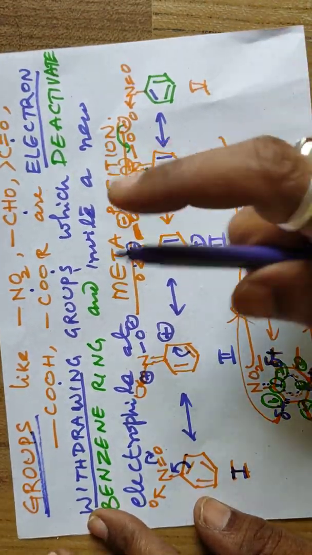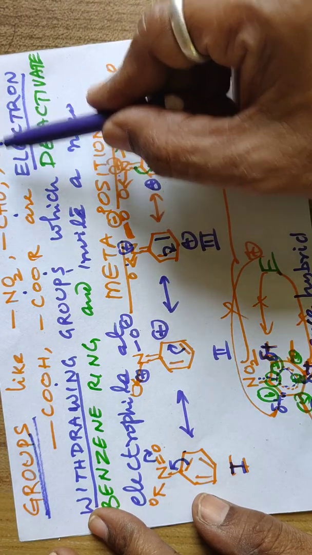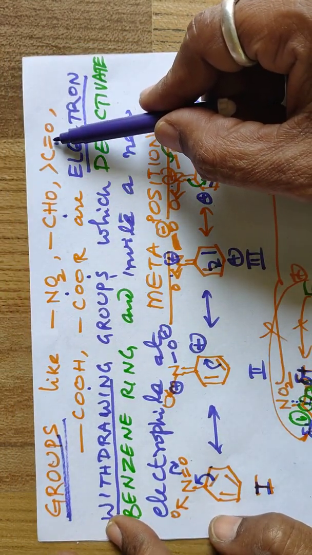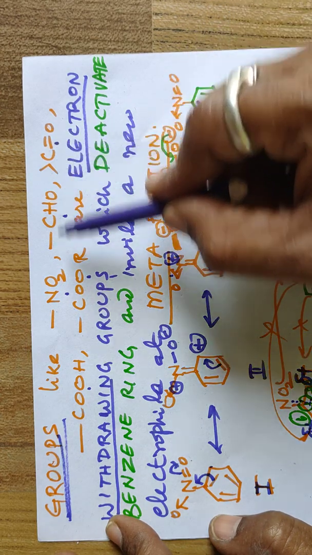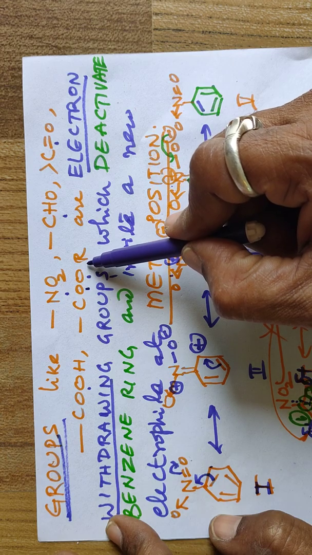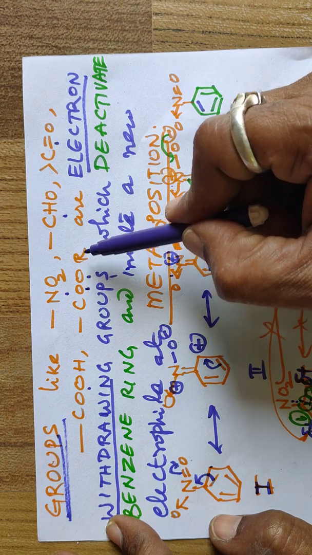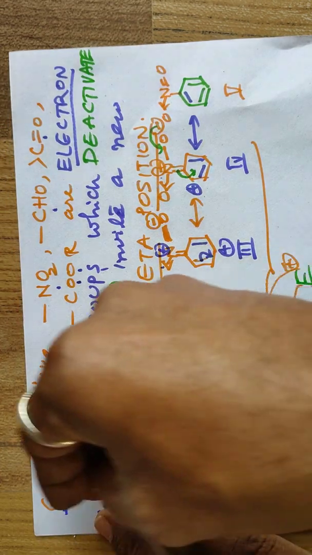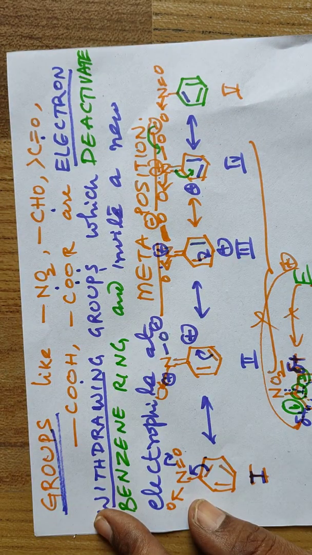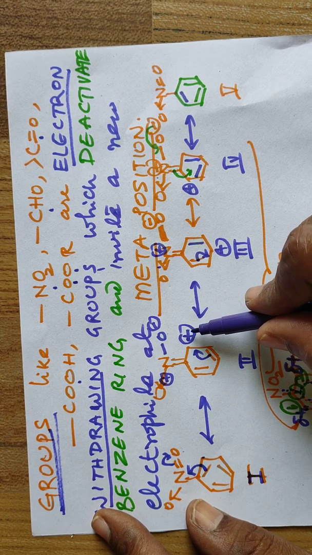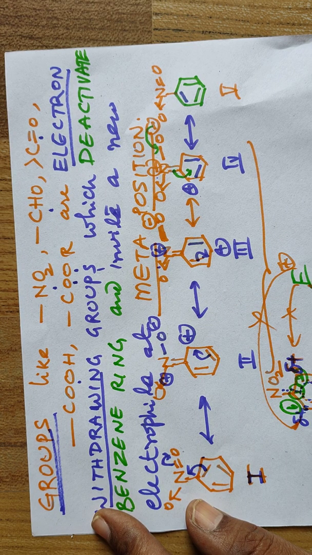Now observe, groups like NO2 nitro group, CHO aldehyde, CO carbonyl group that is a ketone group, carboxylic acid group, and this is an ester group. All these withdraw electrons from the benzene ring, pulling electrons from the ring and deactivating it, and develop positive charge at the second, fourth and sixth positions.